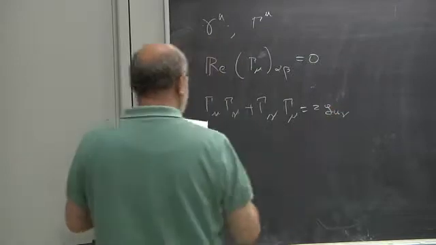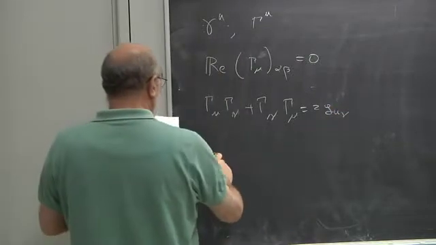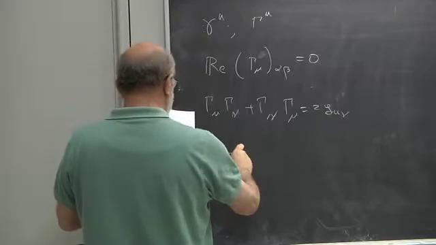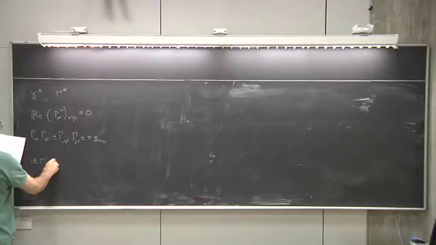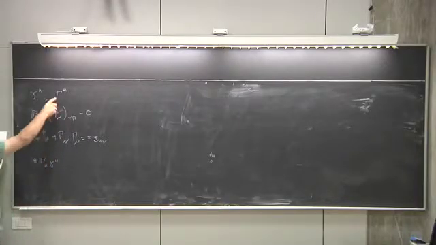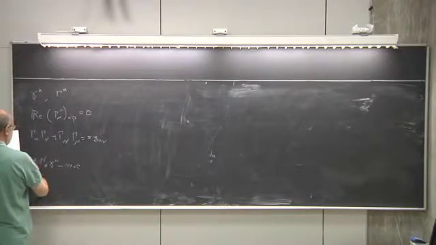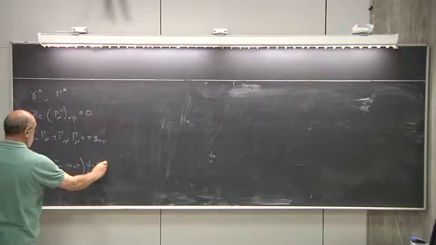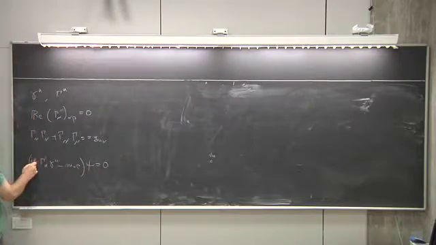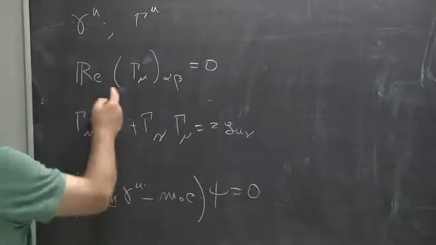But now look at the Dirac equation. If you use this strange gamma mu, there is an i here. This is purely imaginary.